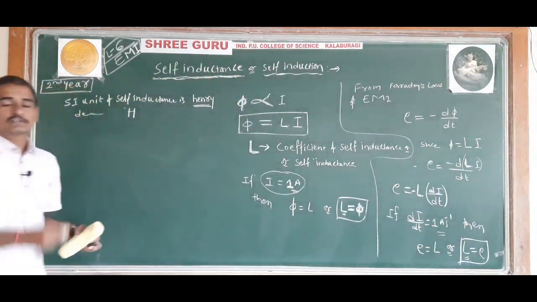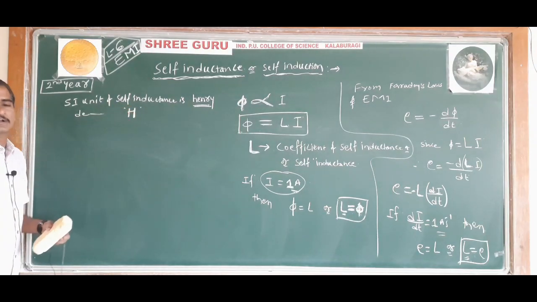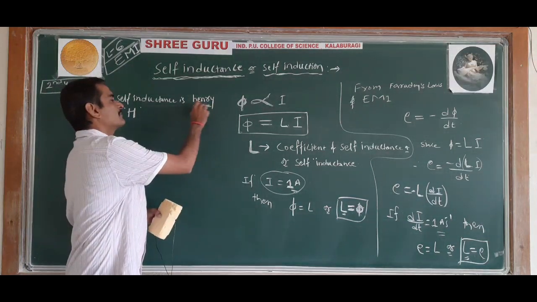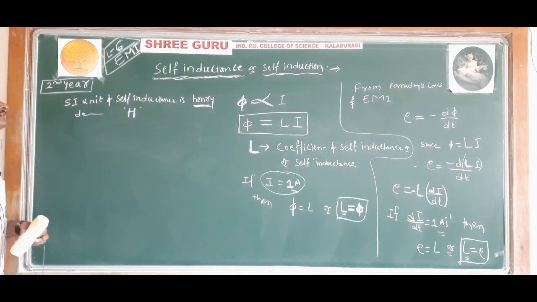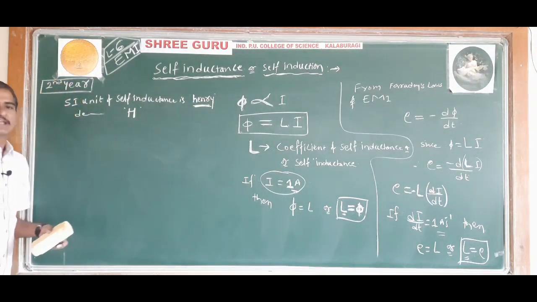In the beginning we have studied the experiments. Joseph Henry discovered electromagnetic induction, and in the name of that scientist, the unit of self-inductance is named Henry.